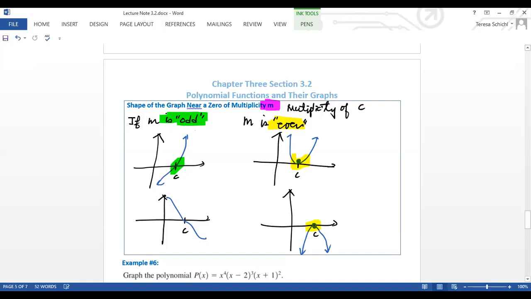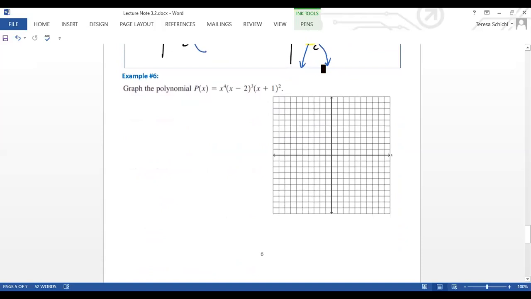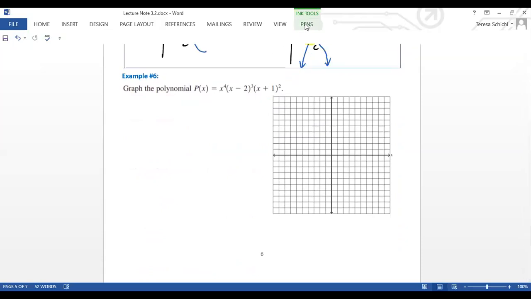Okay, so now let's take a look here. Graph the polynomial. So let's take a look at this one. This factor equals 0, and this one equals 0, and this one equals 0, right?